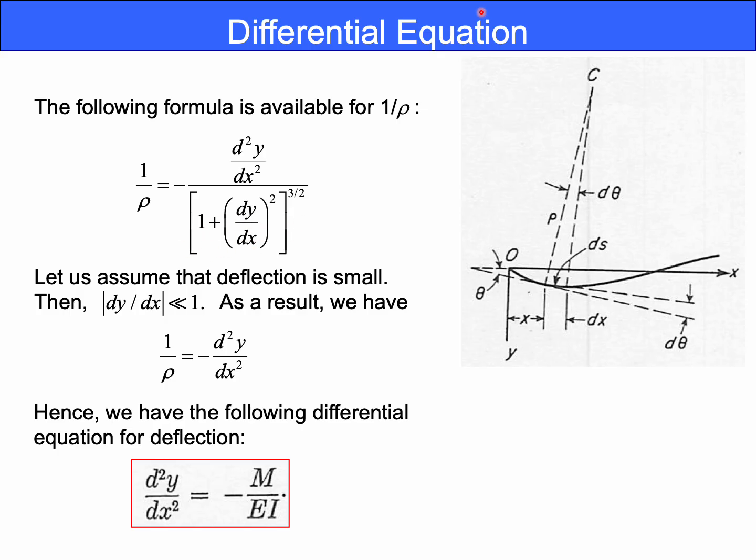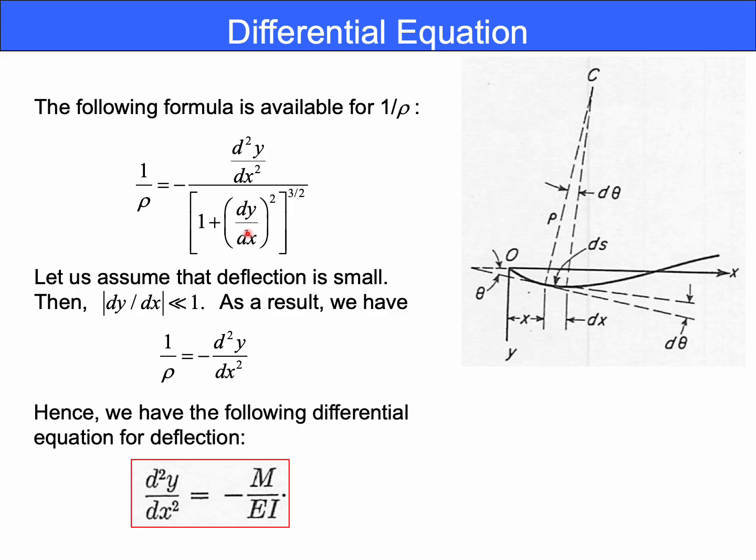Then it states, assume deflection is small. That means the absolute value of dy/dx is much smaller than 1. You are comparing 1 with the square of the slope term.